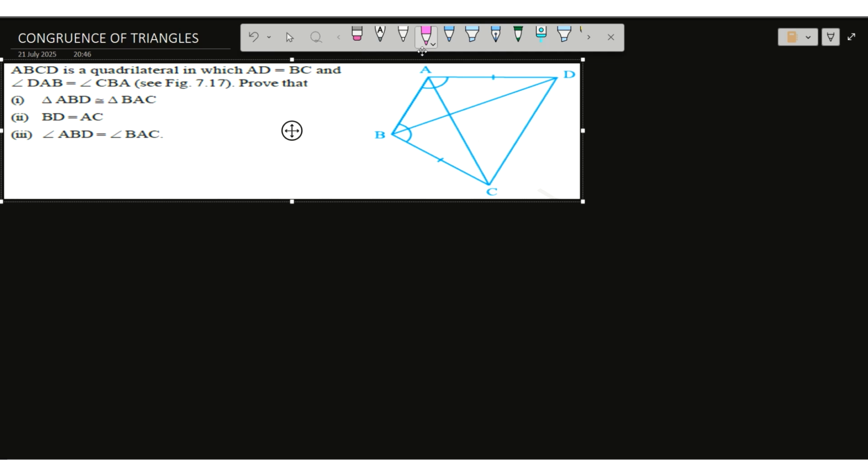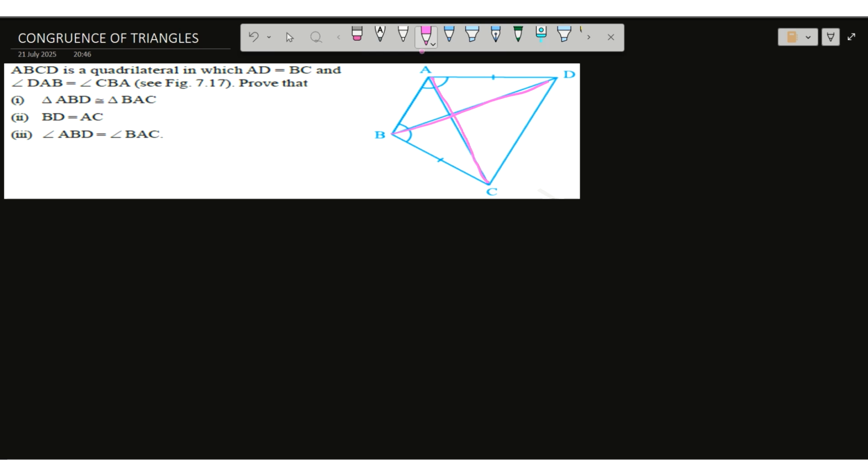First, we have to prove that triangle ABD is congruent to triangle BAC. Second, BD is equal to AC.